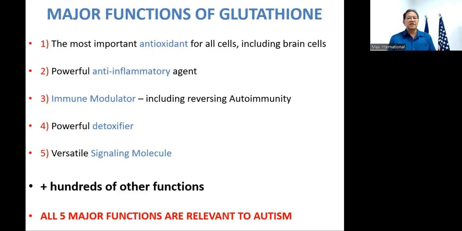It is a very important immune booster modulator, and also very important in the reversal of autoimmunity. You look at detoxification, it is a very powerful detoxifier. In fact, the liver and the kidney and other organs use glutathione as its main detoxifier. And now the science of signaling molecule is coming into the picture, and glutathione is a very important and versatile signaling molecule. So plus hundreds of other functions.